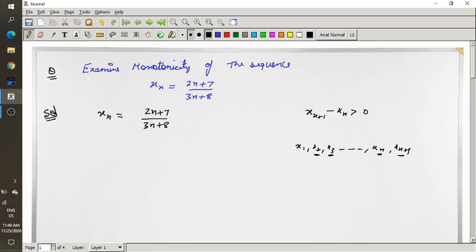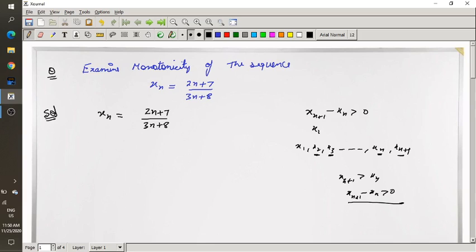So if x3 is greater than x2, meaning xn plus 1 is greater than xn, that means xn plus 1 minus xn is greater than 0. If this holds for all n, then we say that the sequence is an increasing sequence.